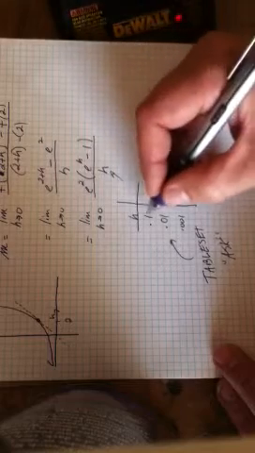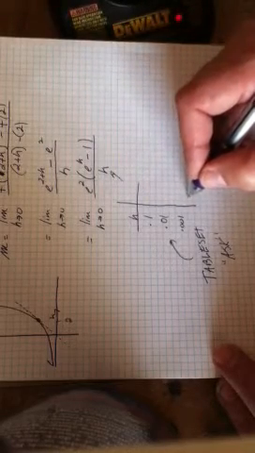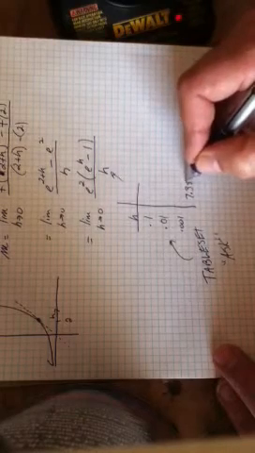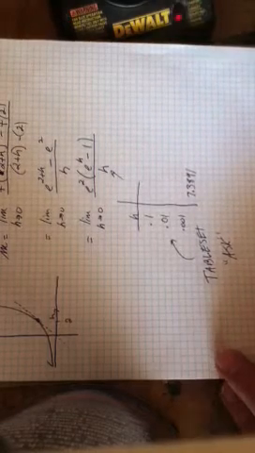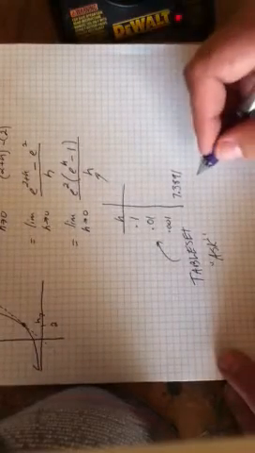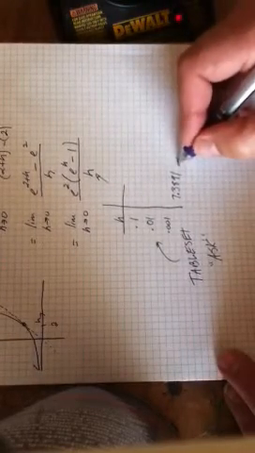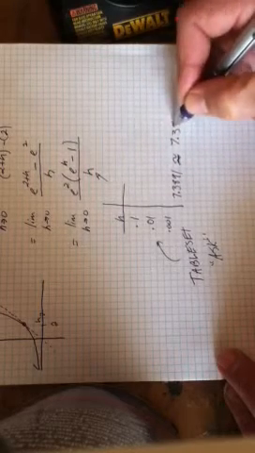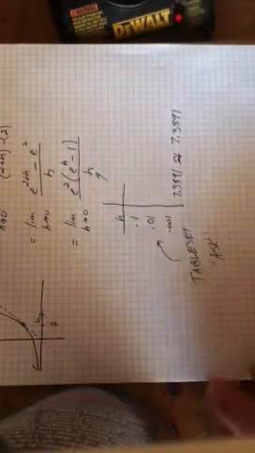I think what we find is as you plug in smaller and smaller values for h, it gets close to something like 7.3891. So the slope is approximately 7.3891.